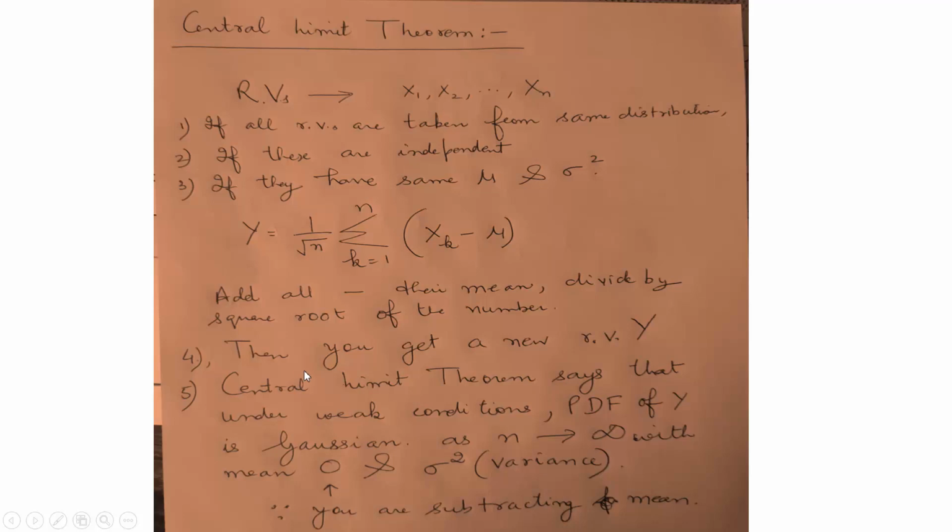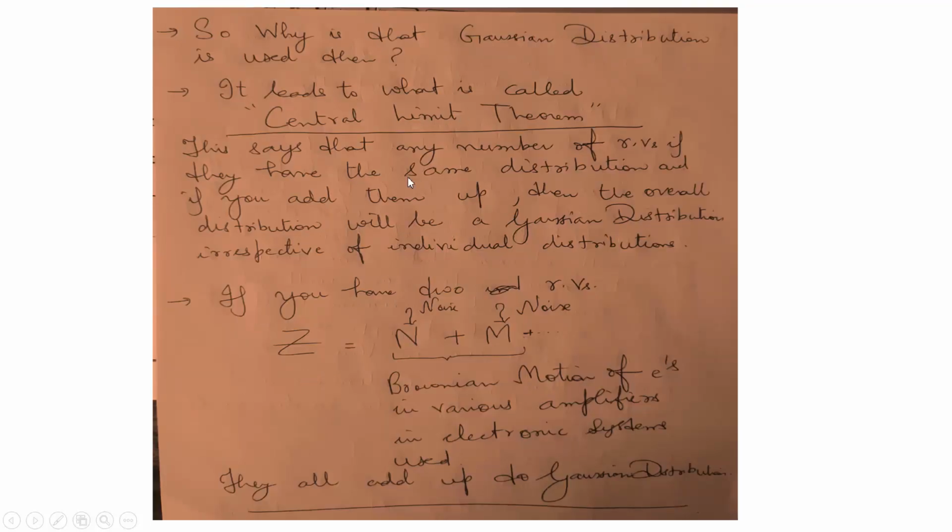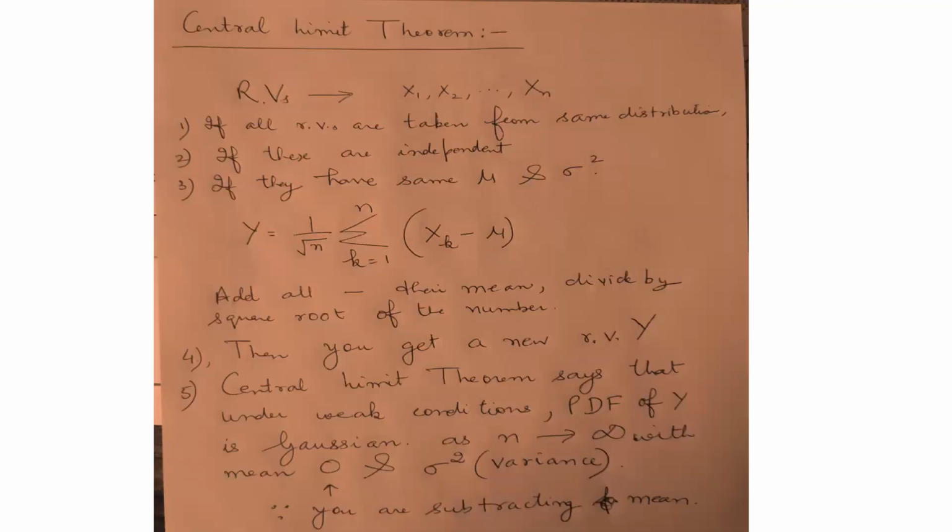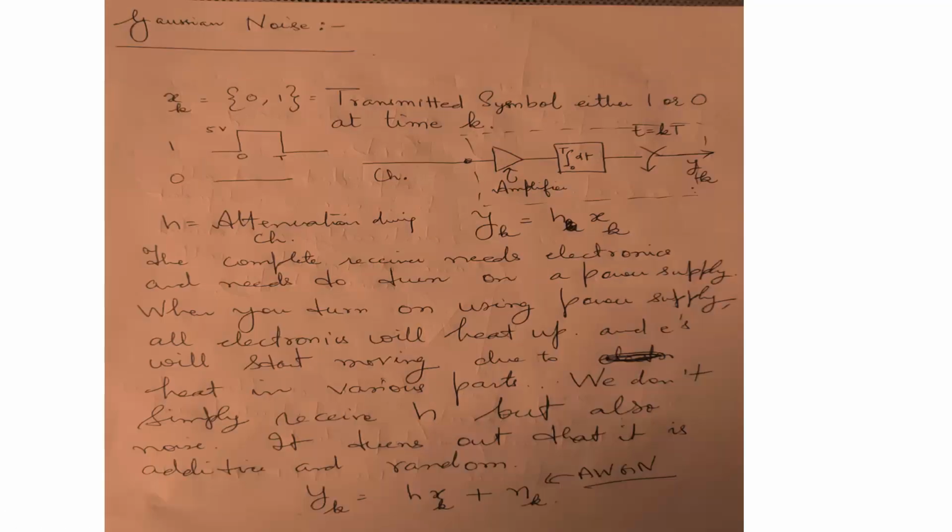So this is what I was trying to explain here: why the central limit theorem explains that the Gaussian distribution is so famous in digital communication systems. Now let us look at what Gaussian noise is. To explain the concept of Gaussian noise, let me take this xk.